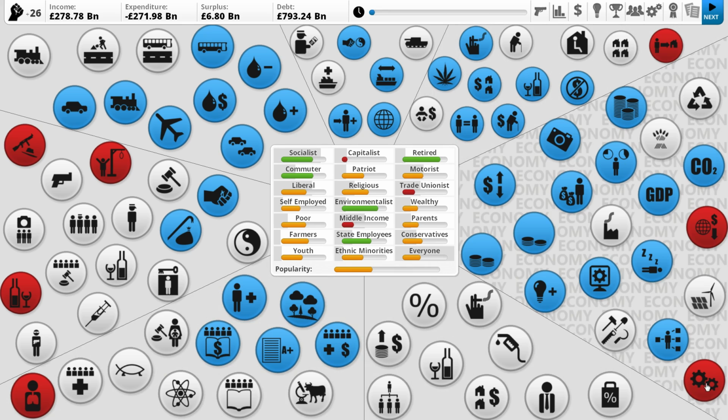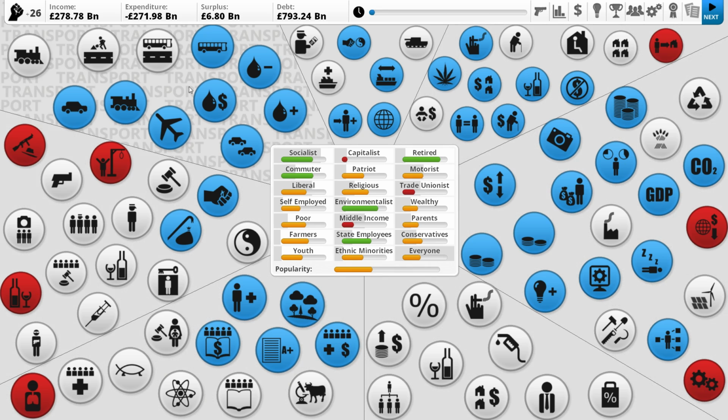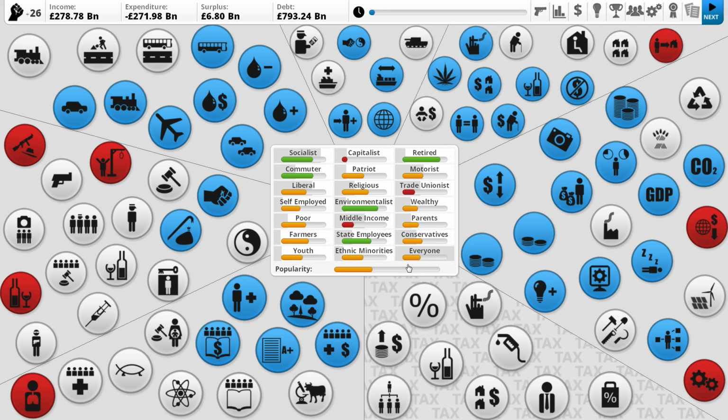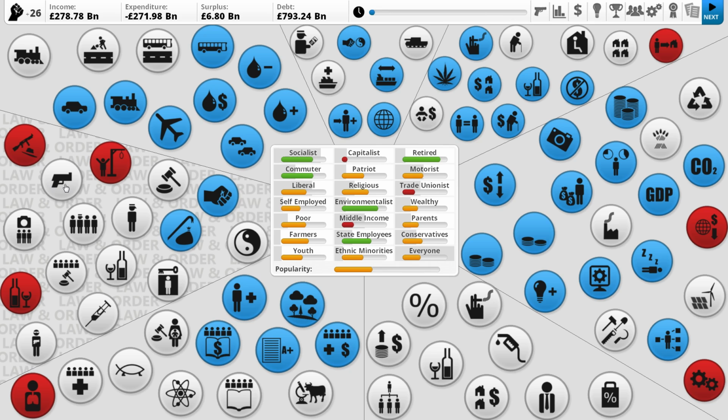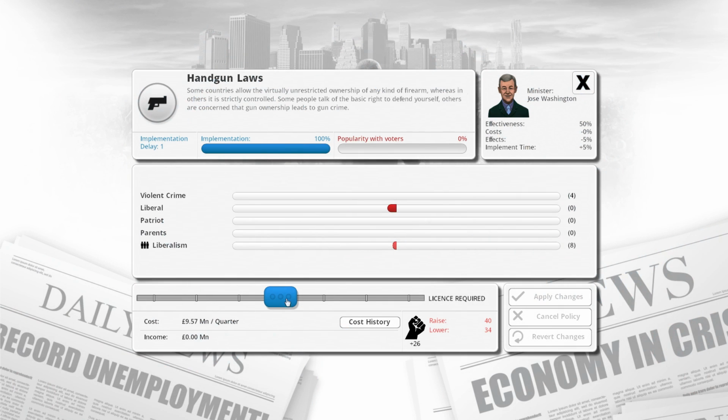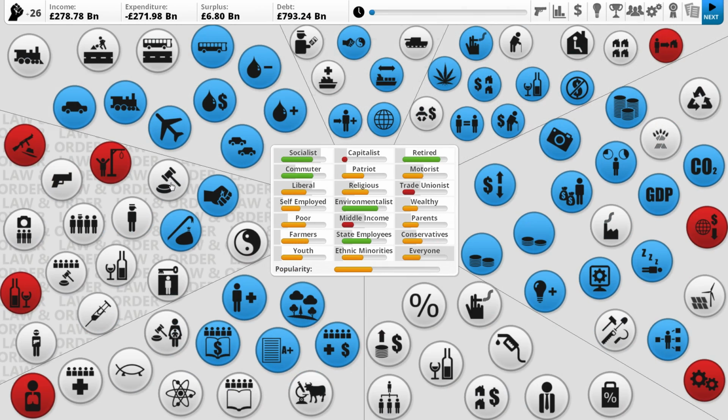The red are the big problems in your country, and the white ones are policies which are already implemented. And not every policy can be removed. Most of them can, but not every one. Like this one, Henken laws, you can't cancel, but you can raise or lower it if you want.